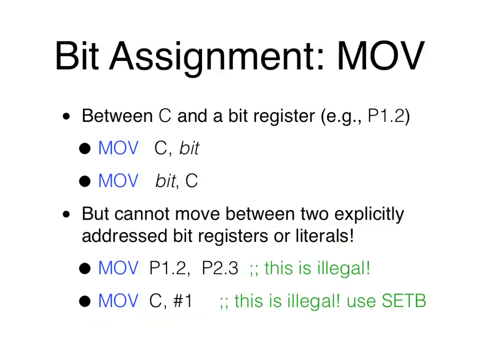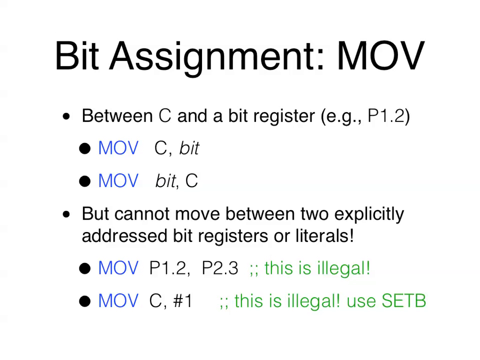Now you can also do the MOV instruction on bits, so you can move C to bit, move bit to C, but you can't move from one bit at an explicit address to another bit at a separate explicit address. Just like MOV cannot take 2 direct addresses. Same thing here.